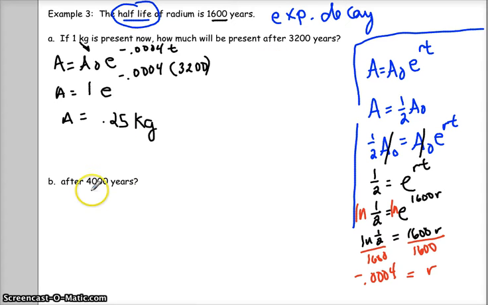So how could we determine after 4,000 years? The exact same way. A is equal to 1 kilogram times e to the negative 0.0004 power times 4,000.